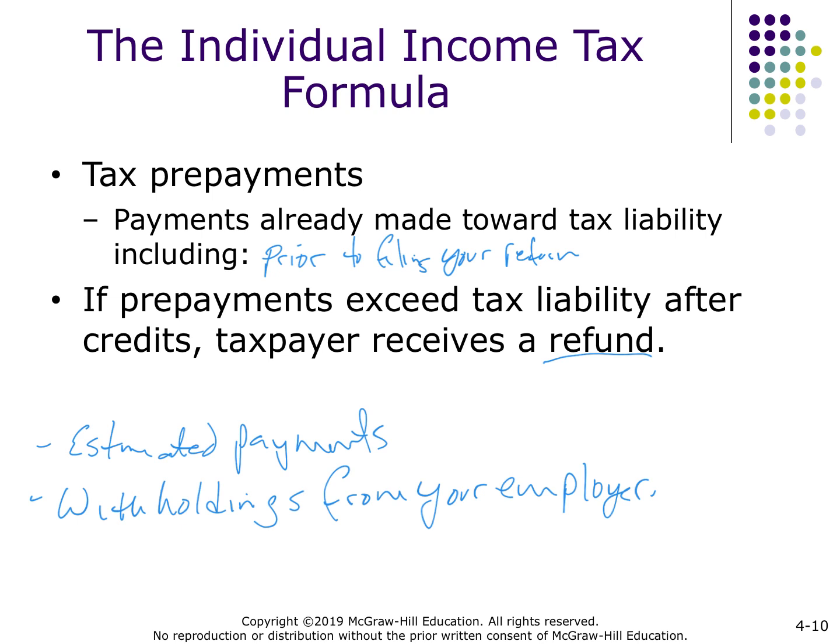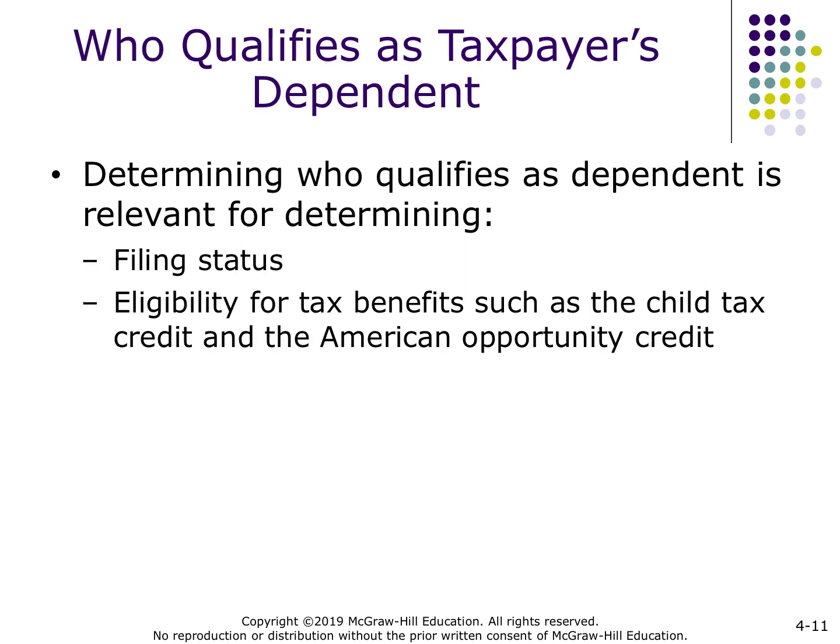Now, as you're calculating your tax liability, your filing status matters, okay? And one of the things that you need to know as you figure out your filing status is, do you have dependents? Who qualifies as a dependent?